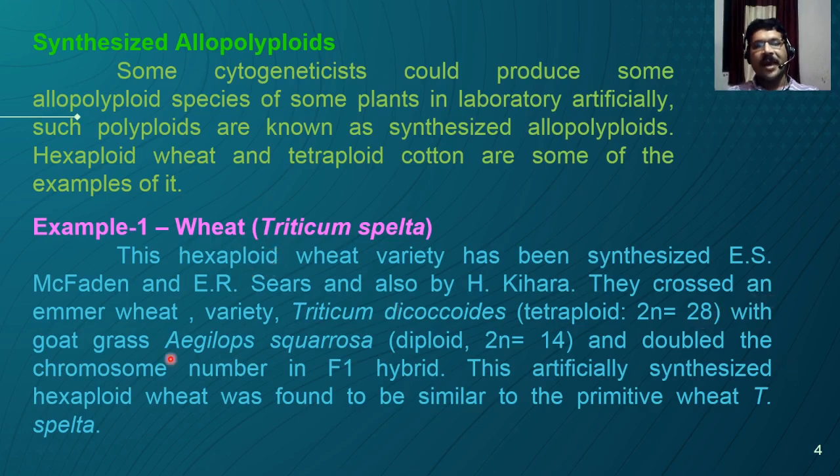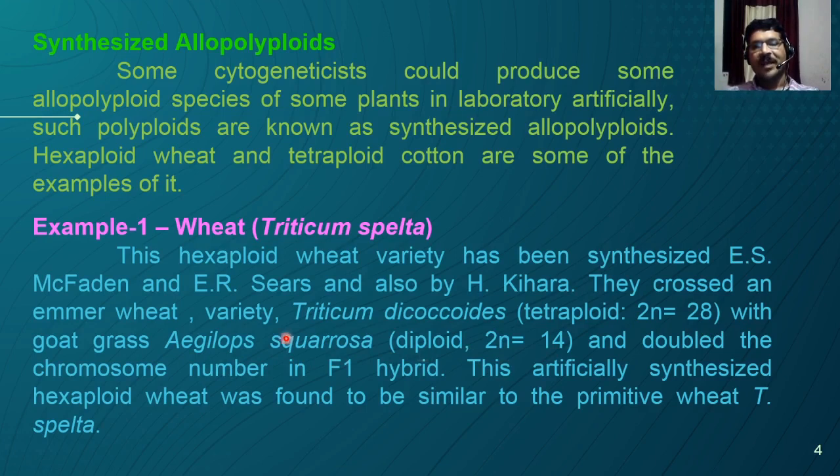These scientists crossed Immer wheat, Triticum dicoccoides, which is tetraploid with 2n is equal to 28. So initially they selected a tetraploid variety as a parent. It was crossed with goat grass Aegilops squarrosa, which is diploid with 2n is equal to 14.